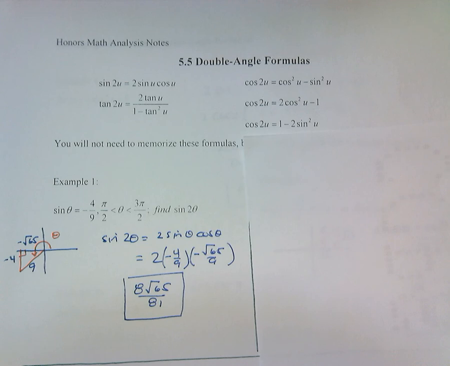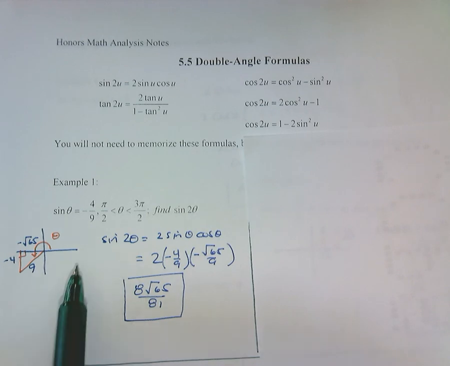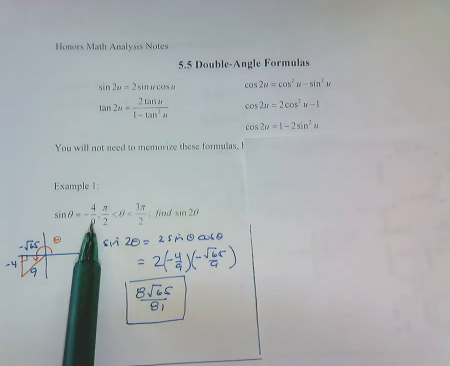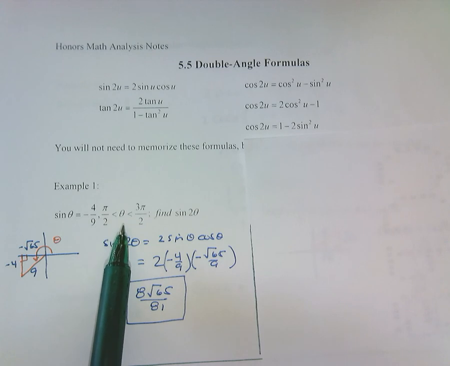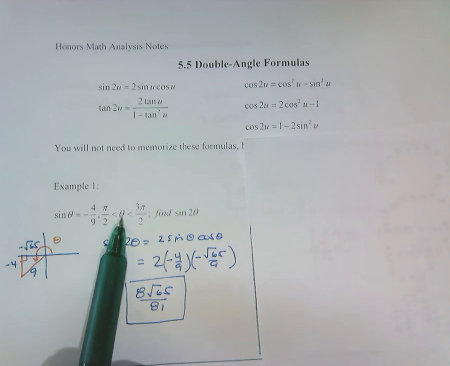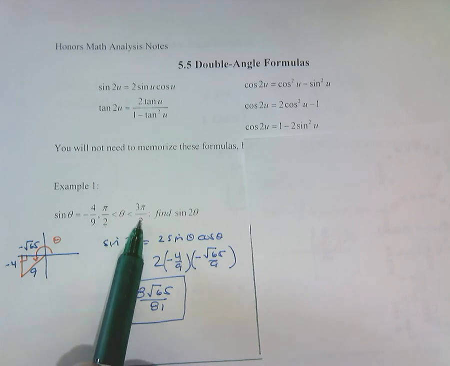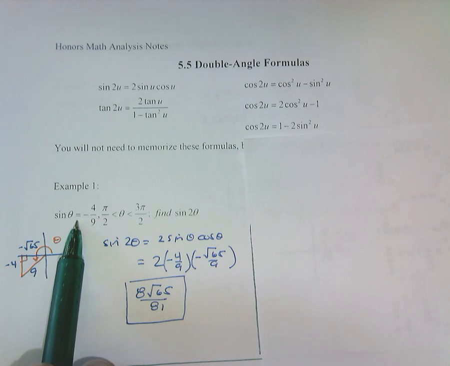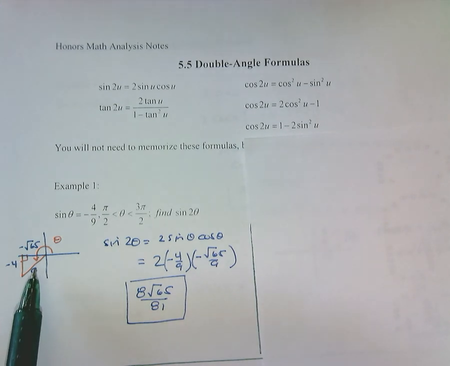So my first example, I'm given sine of theta equals -4/9, and theta is between pi over 2 and 3 pi over 2. So this is between the second quadrant and the third quadrant. But sine is negative in the third quadrant. So I've drawn my triangle in the third quadrant. I've labeled the opposite side -4, and my hypotenuse is 9.